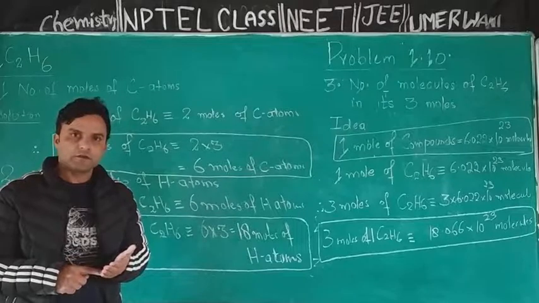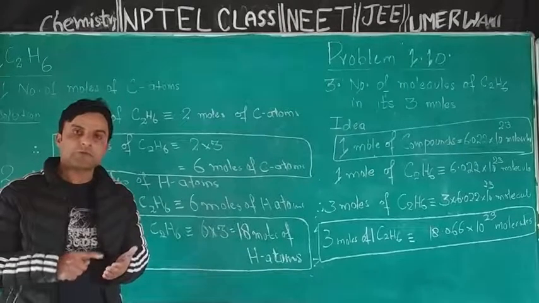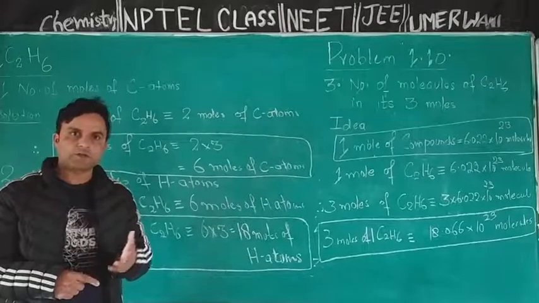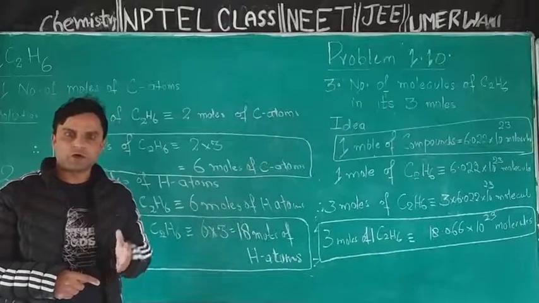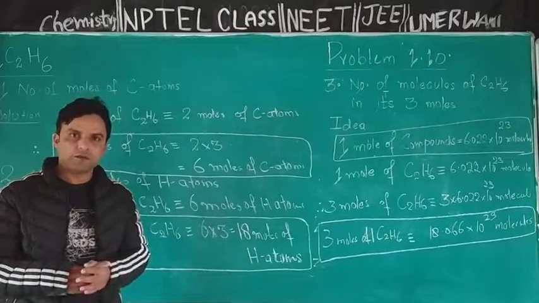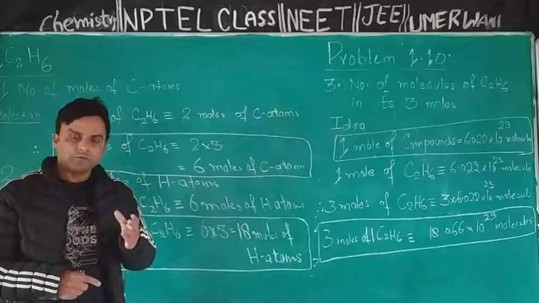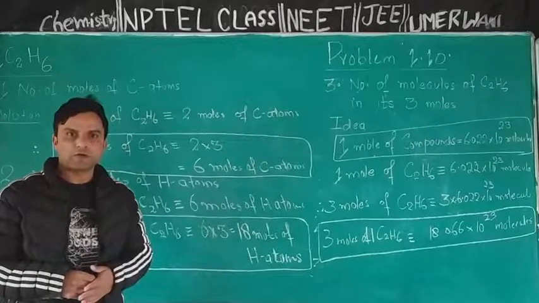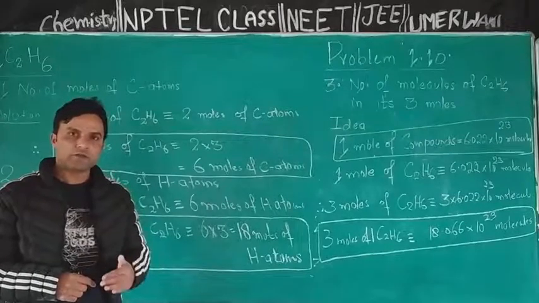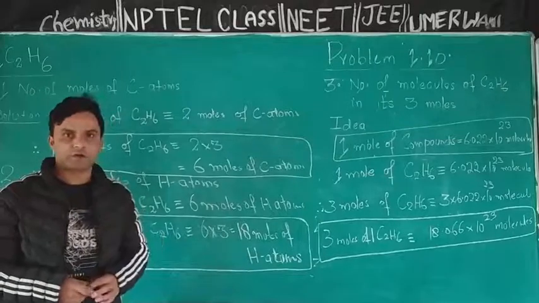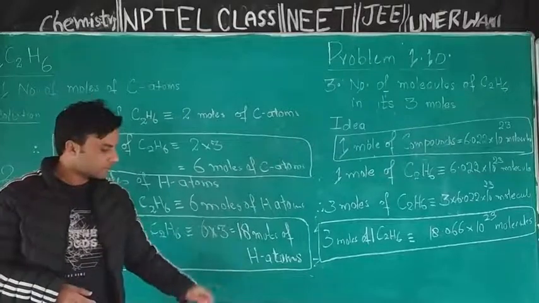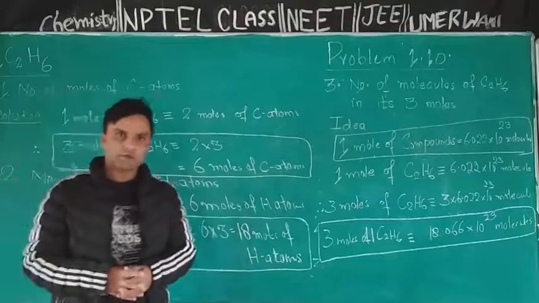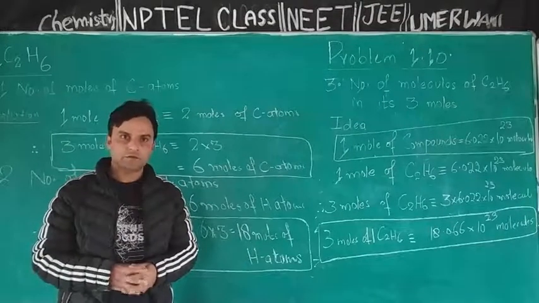Then you can calculate number of atoms of any element present in given moles of compound. For this you have to multiply total number of molecules by number of atoms of that element present in its one molecule. Thank you. This is what I have got for you in this short session.